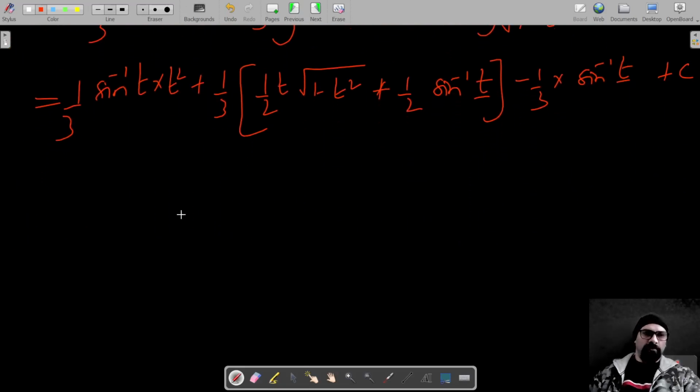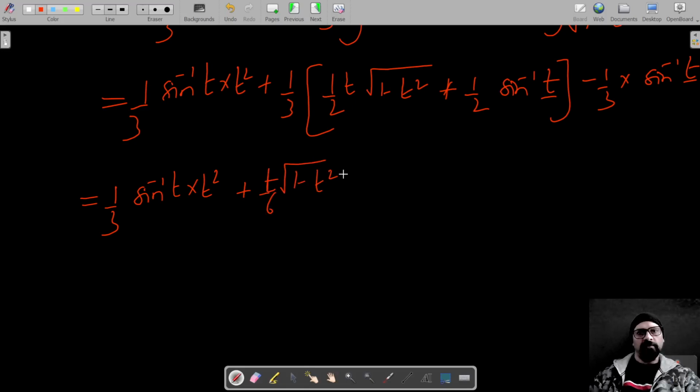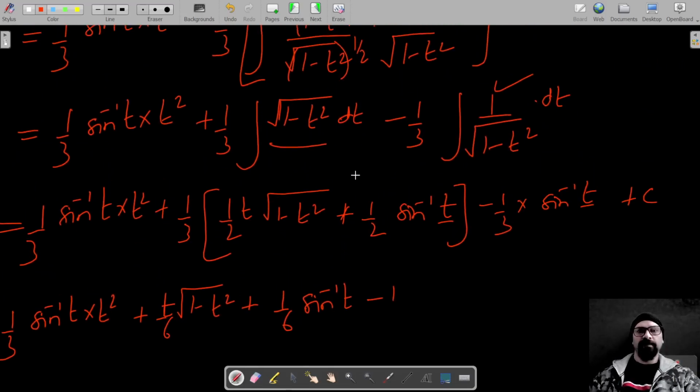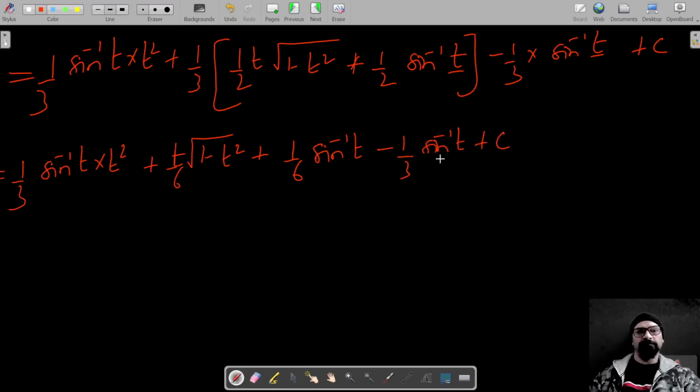So if we open up these brackets, our integral is now 1 by 3 sine inverse t into t squared. This becomes 1 by 6 t under root 1 minus t square plus this is 1 by 3 and half is 1 by 6 sine inverse t, minus 1 by 3 sine inverse t plus c.